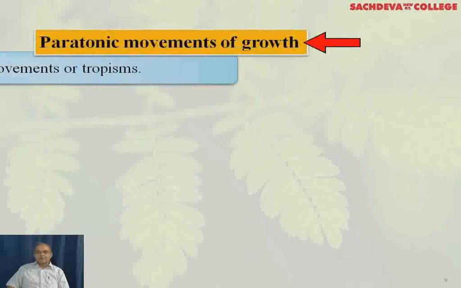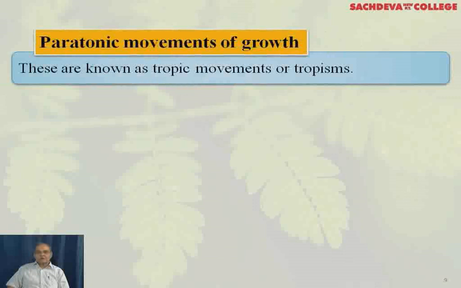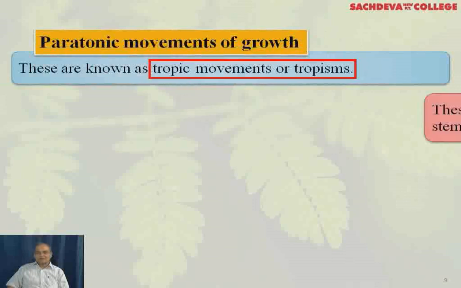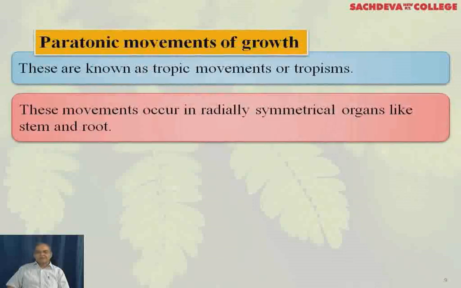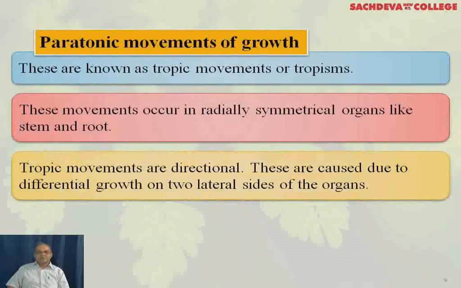Paratonic movements of growth. These are known as tropic movements or tropism. These movements occur in radially symmetrical organs like stem and root. Tropic movements are directional. These are caused due to differential growth on two lateral sides of the organs.